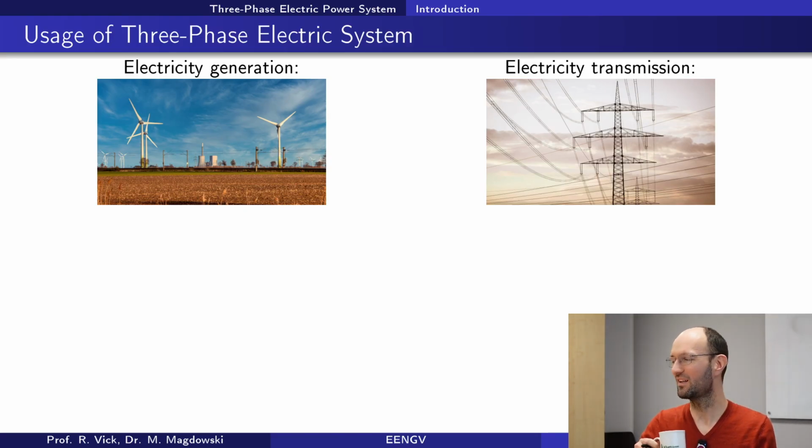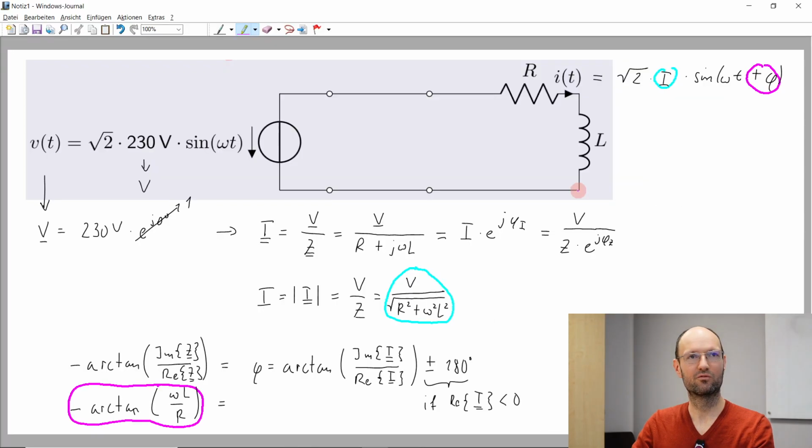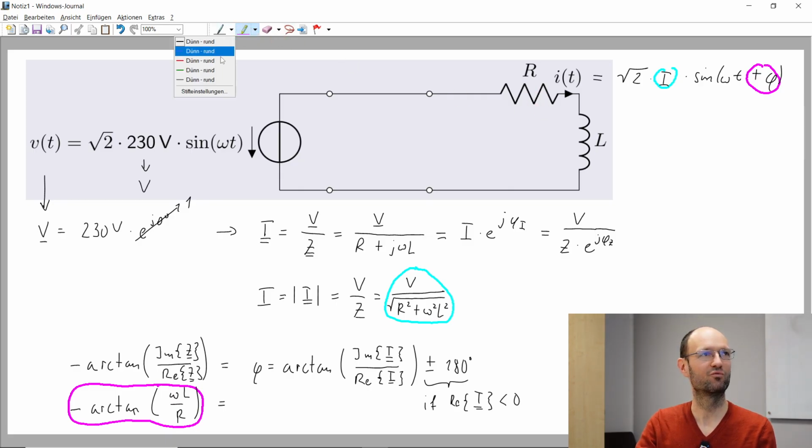But why is it AC? Because of the transformer. Yes, because you can transform AC voltages easily up and down. And so if you want to transmit electricity over greater distances, and if we maybe quickly go back to the schematic here, let's take a look at the power loss. It's not really related to our previous calculation, but we can add it here without problems.